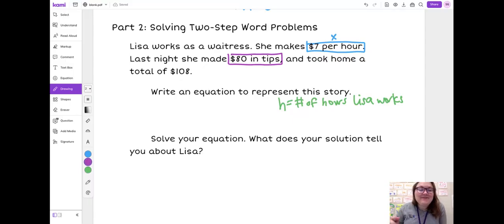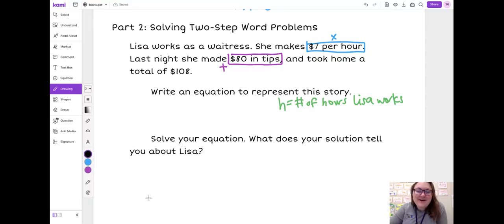So she's making $7 every hour she works, but she's also taking home $80 in tips. So that's going to be some addition in my equation. She makes this money plus the tip money. With tips, they've given me the total, so there's no variable there. There's nothing I multiply 80 by. It's just the extra money. And then we know our total, $108.